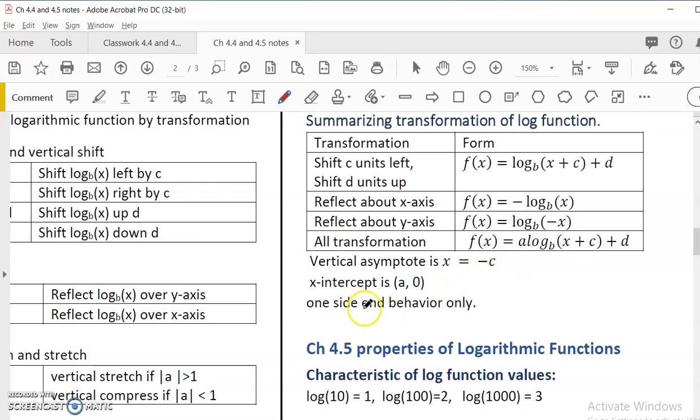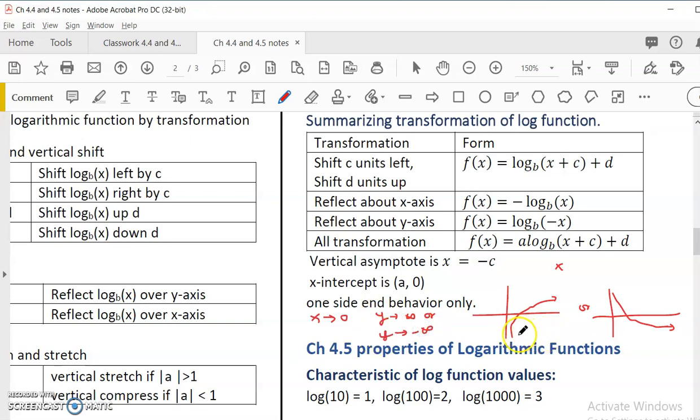And then for end behavior, it is one-sided only. If you look at a parent function, either this way for log base b, where b is greater than 1, or this one, there are only two types, right? Both of them will have, when x approaches 0, y approaching either infinity or negative infinity.